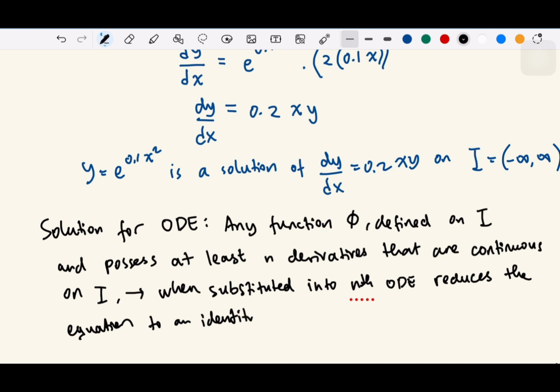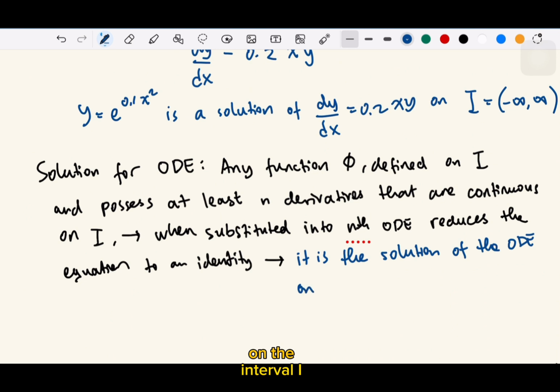Okay. So we say that it is a solution of the ODE on the interval I.